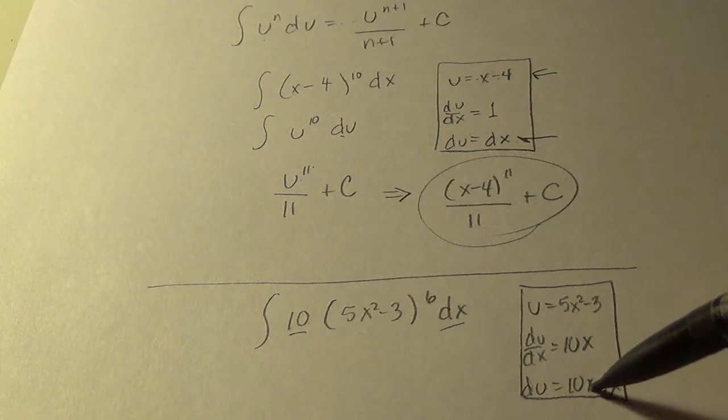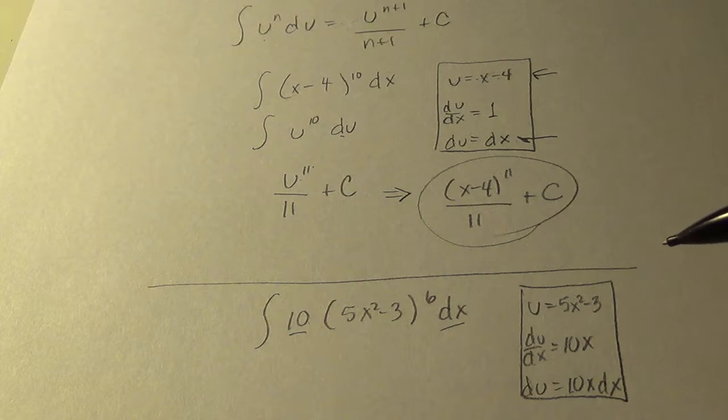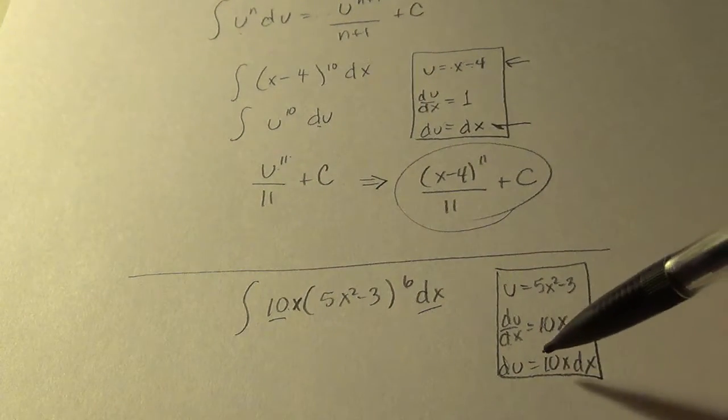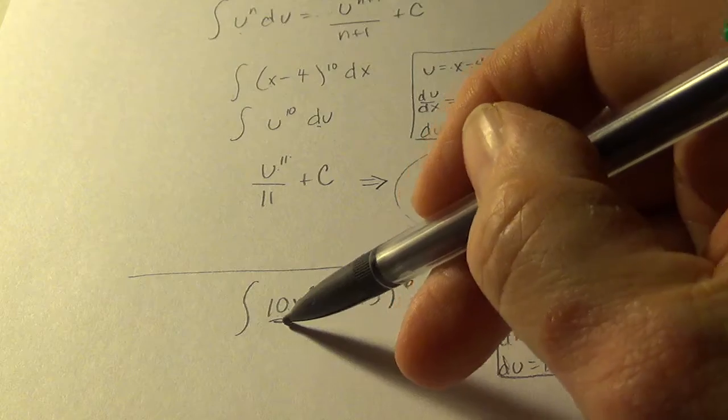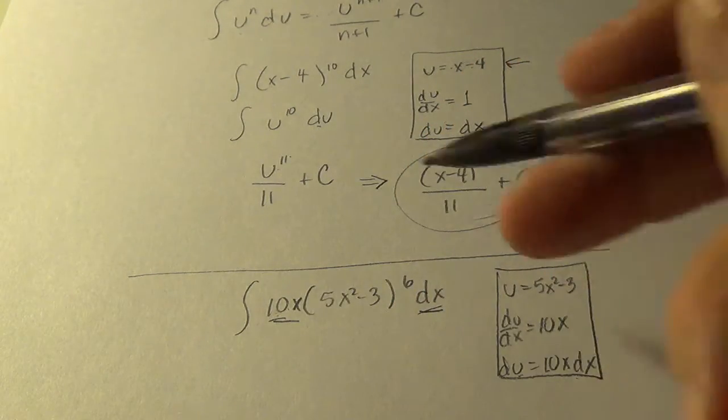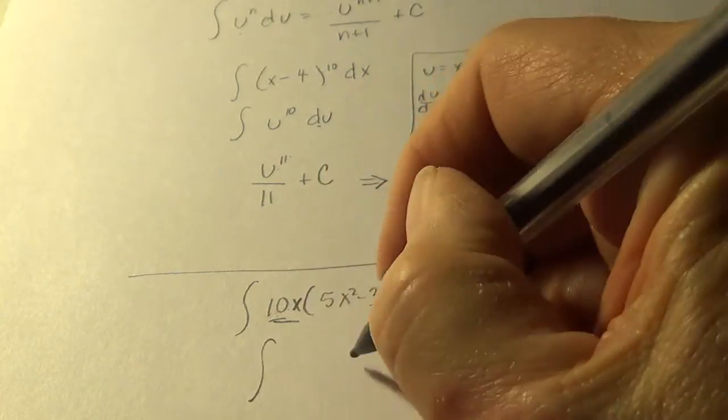So 10x, oops, there is an x in this problem. I forgot to write it. I'm sorry. Would you stick it back in? Alright, 10x dx are now in the problem. This part and this part will be replaced by the du.